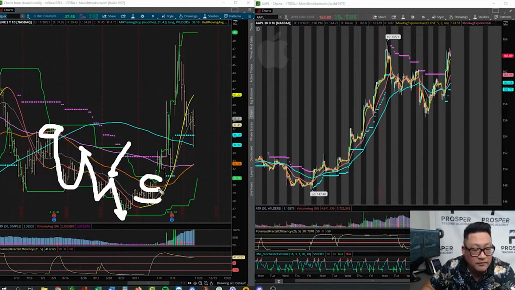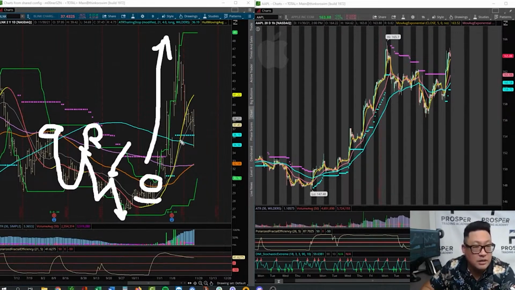And when it got above that 50 SMA, which was previously resistance at this price level, look at how extremely bullish it got in a short period of time. Again, the market sentiment on the stock transitioned from being very bearish to bullish once the stock recovered above a critical price level, the 50 simple moving average.